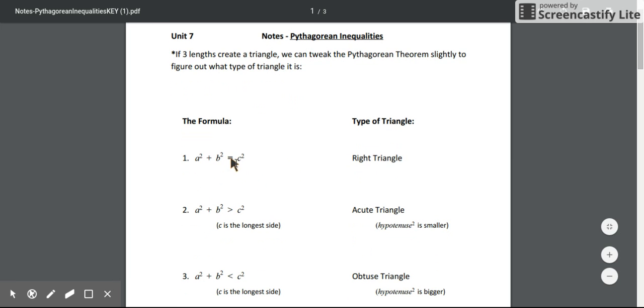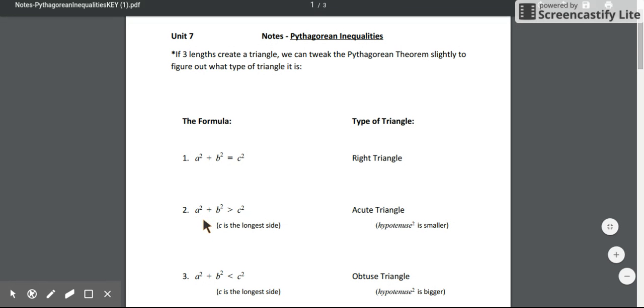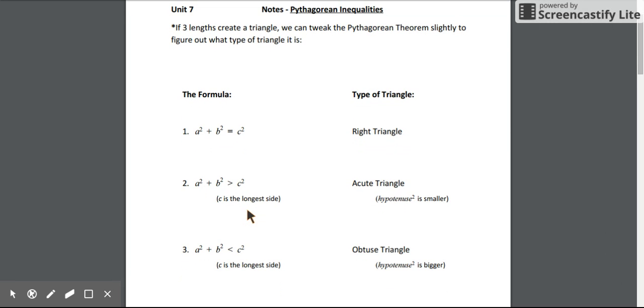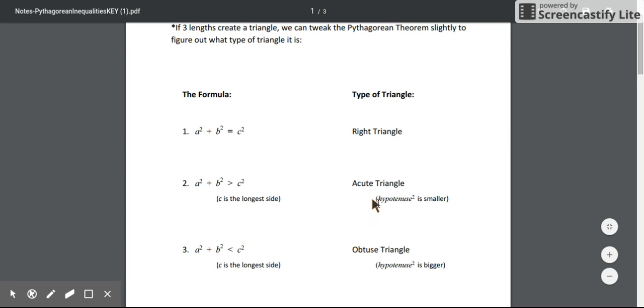However, if we change that equal sign to an inequality symbol, we can actually compare the sum of the squares of the two smaller sides with the square of the longer side and figure out two more types of triangles, whether it's acute or obtuse. So if a squared plus b squared equals c squared, that's a right triangle.